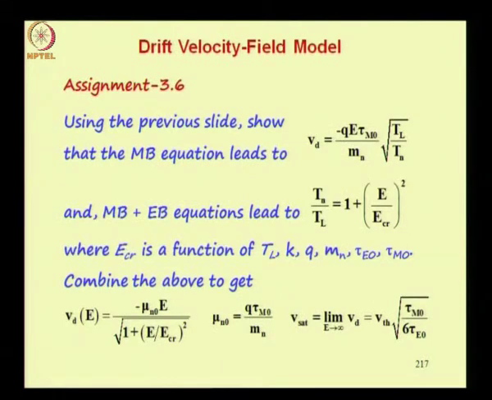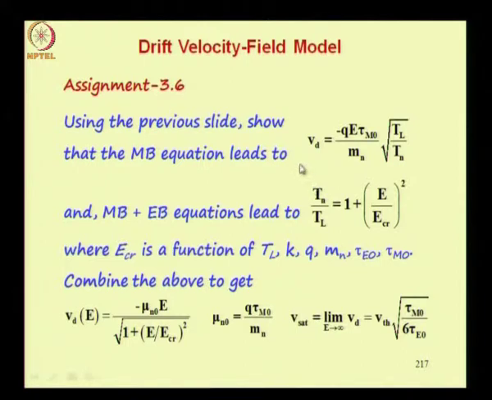Let me give you some hints for this assignment. So using the previous slide, show that the momentum balance equation leads to this formula for Vd. Then if you combine the momentum balance and energy balance equations, you will obtain this. So the algebraic manipulation is your responsibility.